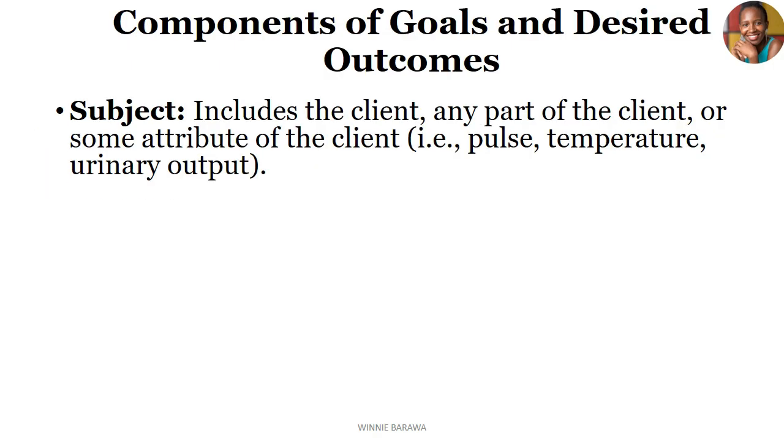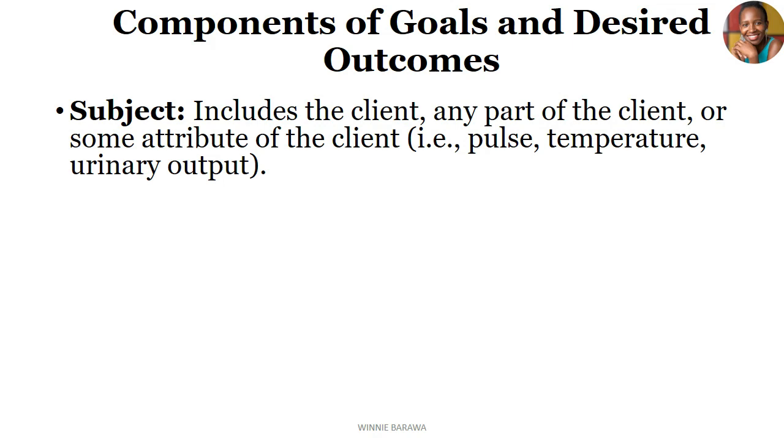So here are the key areas I want us to focus on. We are saying this goal and outcome needs to be SMART, but there are components that will make it SMART, and I want you to listen very carefully. One of these components is the subject.